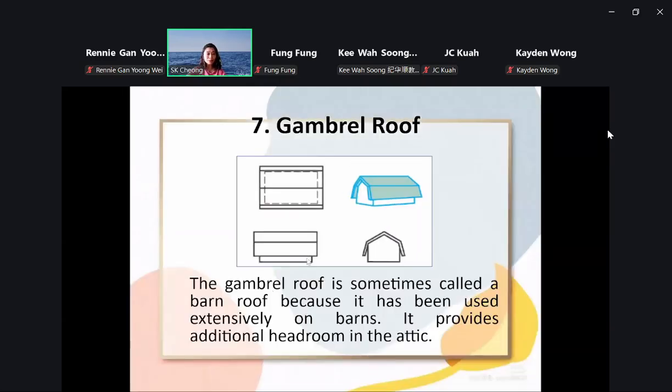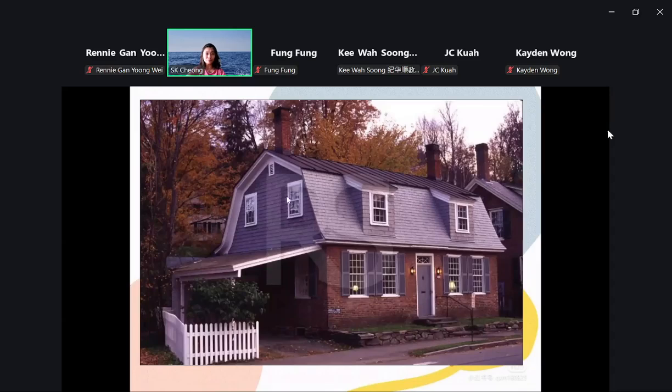A gambrel roof is sometimes called a barn roof because it has been used extensively on barns. It provides additional headroom in the attic. This higher roof, that's why in those countries with such roof design, they always have the attic at the top. Sometimes people use it as a storage area, right?